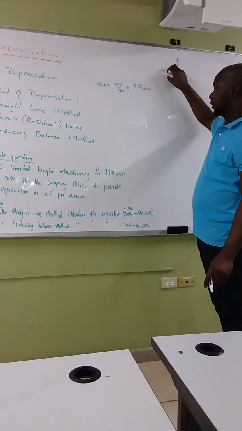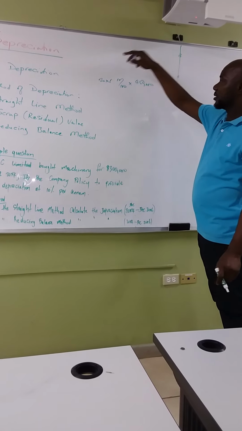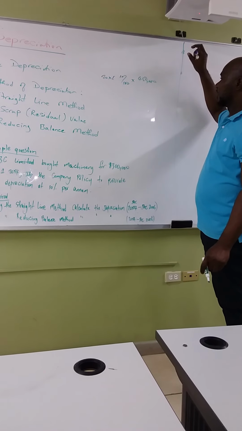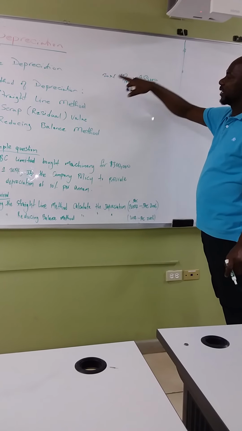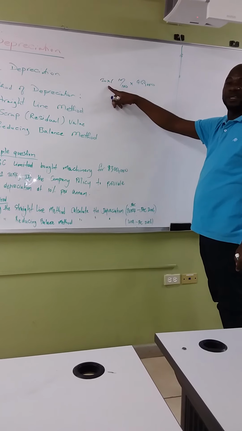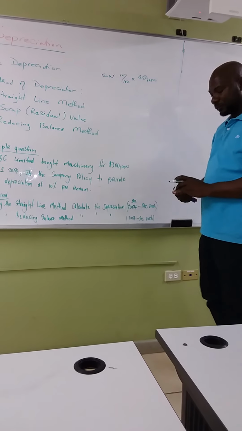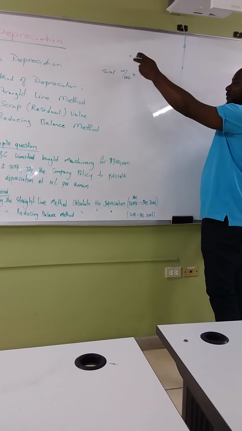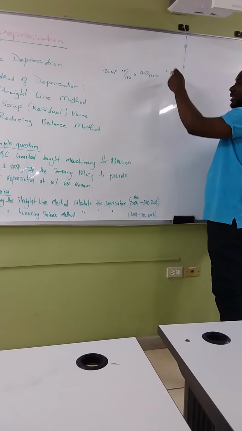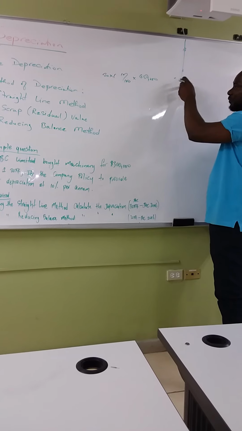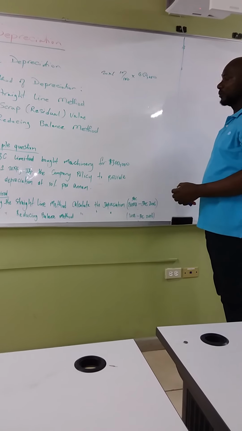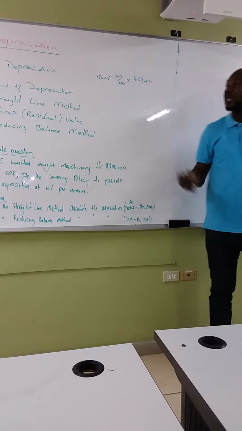So when you minus the depreciation charge from your cost price, you get a net book value of 450,000. At the start of 2005, the value of the asset would have been 450,000, and that is what you find 10% on, which gives you 45,000. And it continues.